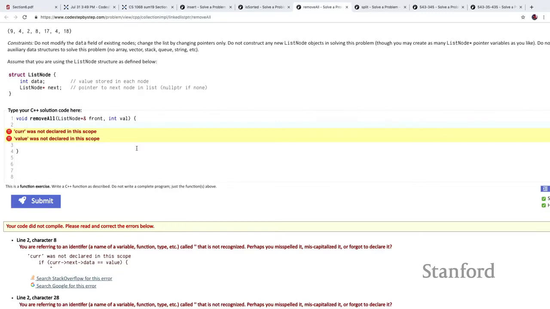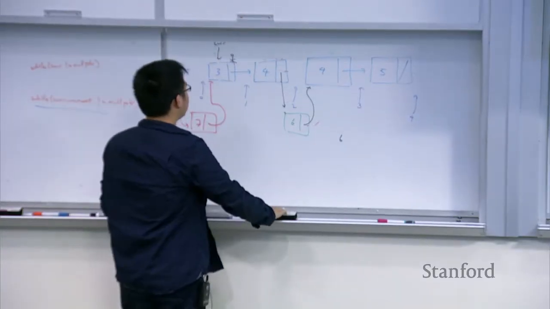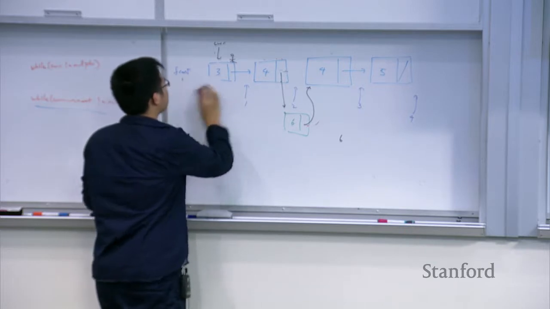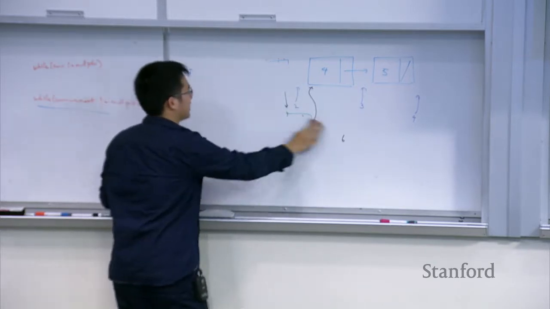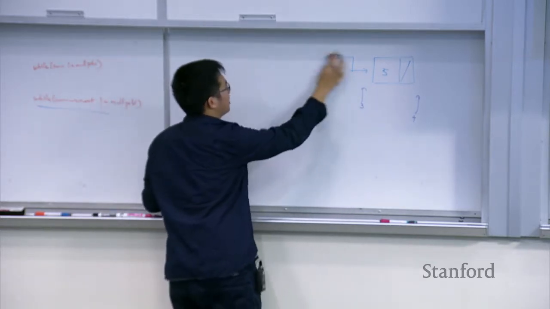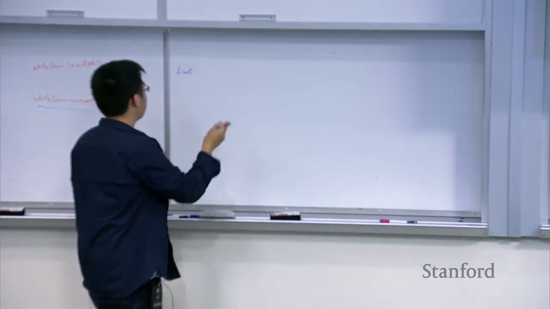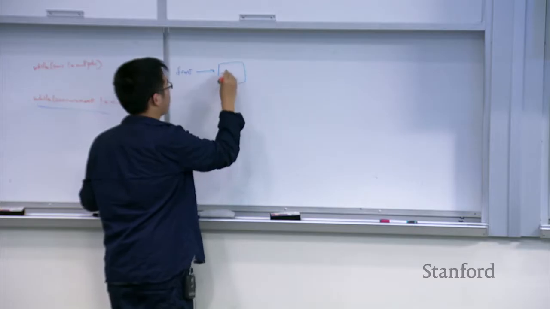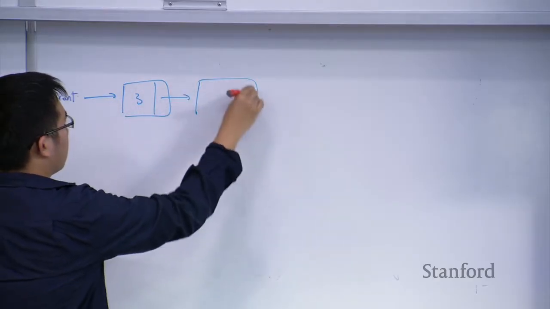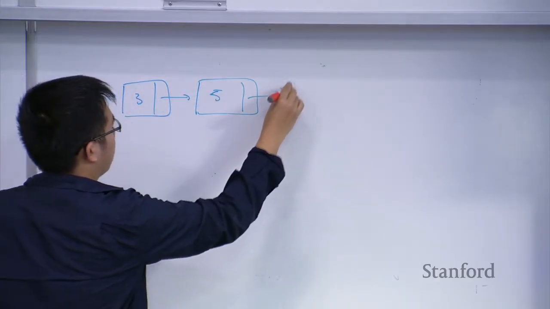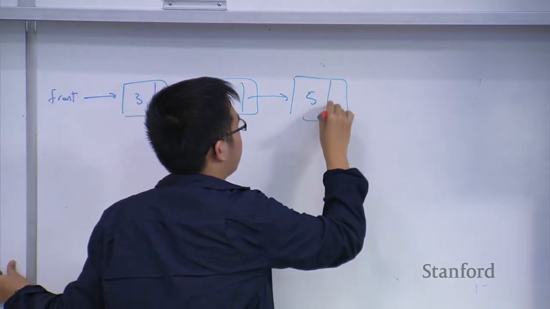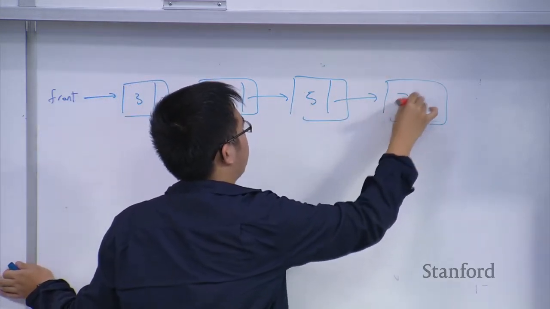Okay, removeAll. Let's try to do removeAll. removeAll is fairly straightforward in terms of what it's doing. It's similar to the question we've been doing right now, but instead of adding or inserting, we're removing stuff. So front is now pointing to, let's say, 3, 5, 5, 7.